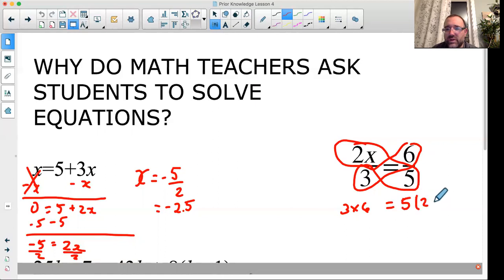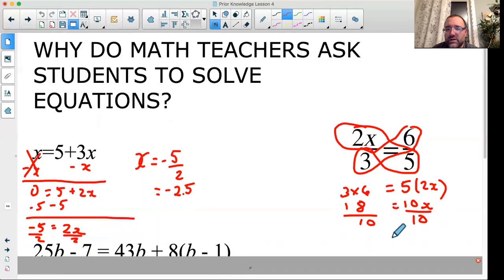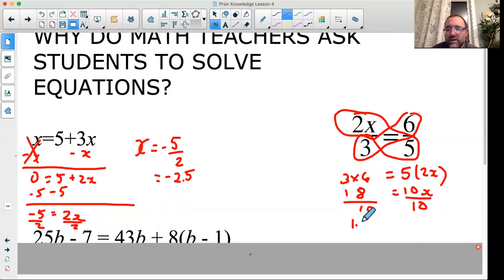I'm going to put that in brackets. 18 equals 10x. Now we just divide by 10 on both sides. Now we get the right-hand side to be 1.8 as a decimal, that's x by the way, or it can also equal, reducing that fraction, 9 over 5.